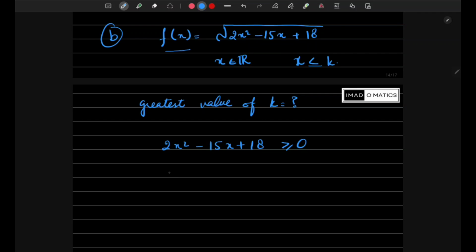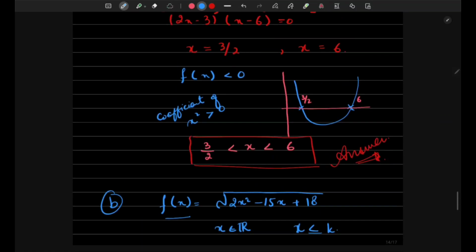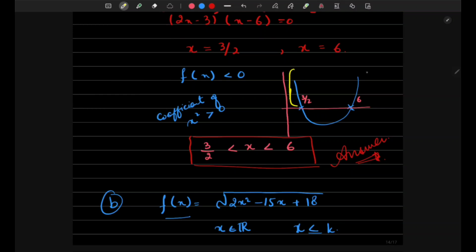From part A, this is true for x ≤ 3/2 or x ≥ 6. Since the square root is always non-negative, f(x) ≥ 0, so we take only the portion of the graph, the half portion, this.